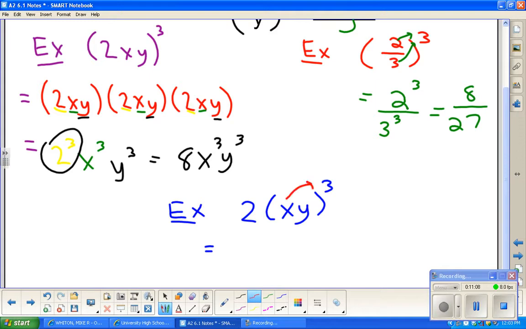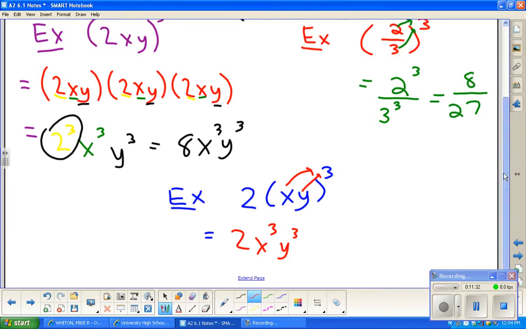Just the x and y are. So the 2 can just be brought along, and then the x goes to the third, and the y goes to the third. So the parentheses tell you what the exponent's applying to. But the 2 was just on its own, so you could just leave it like that. Okay, that'd be it. Nope, there's nothing else we can do on that one. 2x cubed, y cubed.